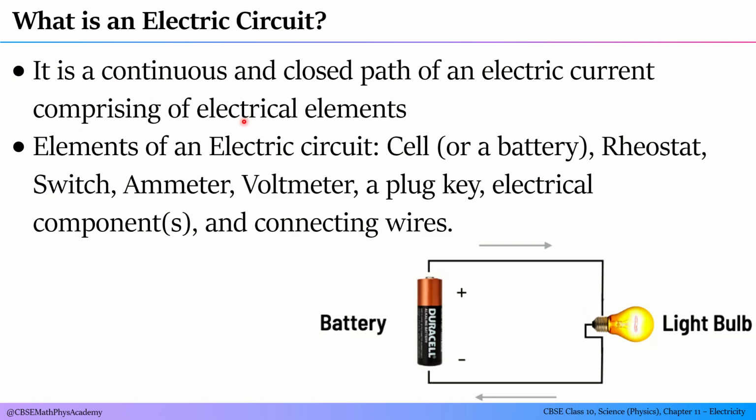That's an electrical circuit. So what are the different elements of an electrical circuit? A cell or a battery is the most important, without which there is no current flow. So battery is the minimum required, and to carry the current from the battery you need wires.